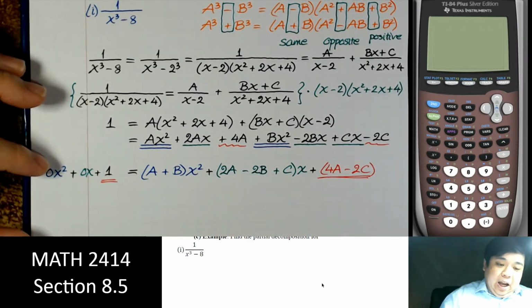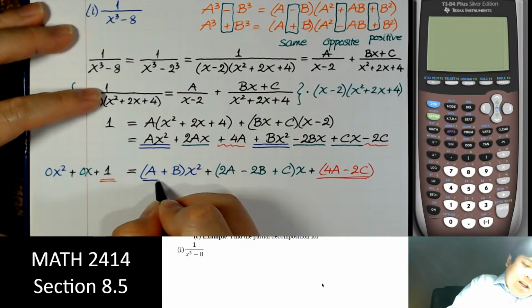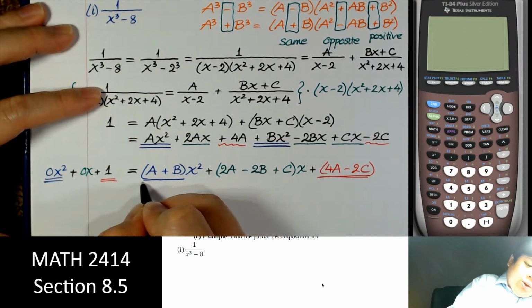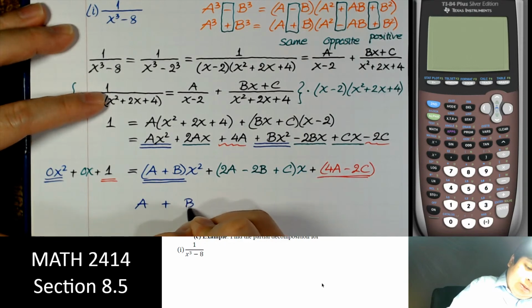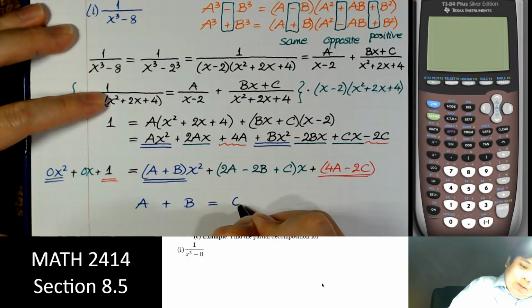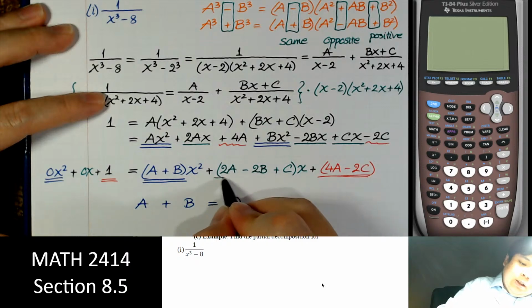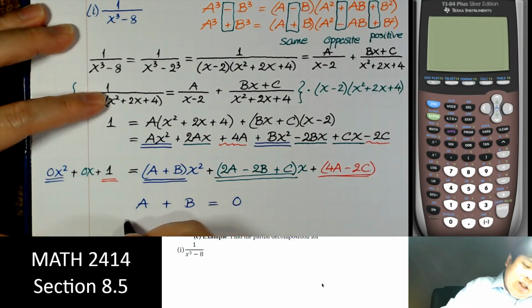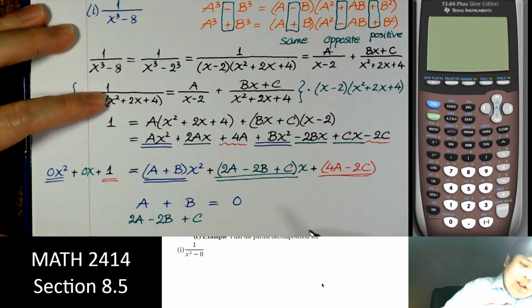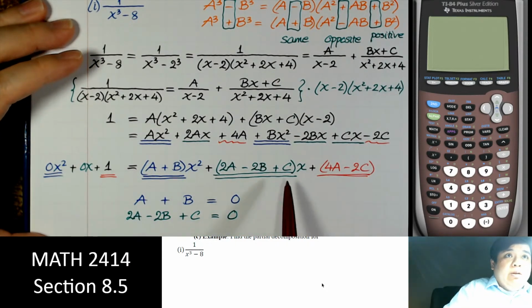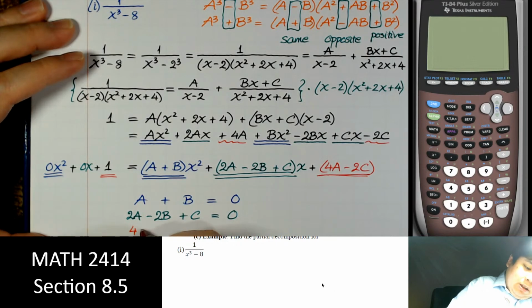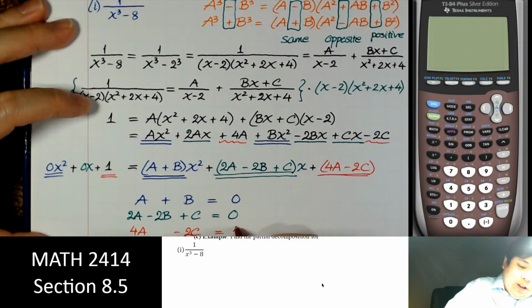So we have a plus b equal to 0, 2a minus 2b plus c equal to 0, and then for a minus 2c equal to 1.